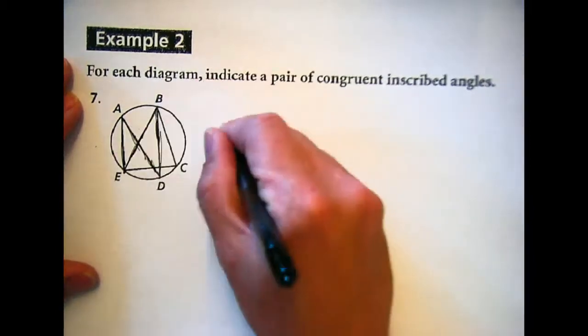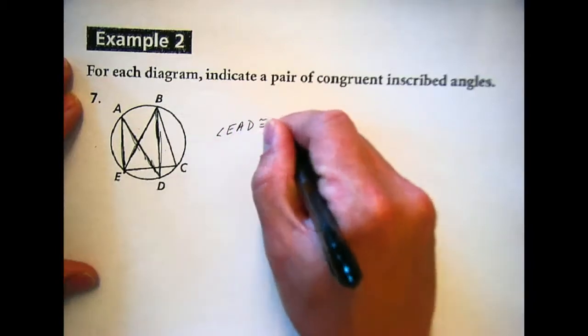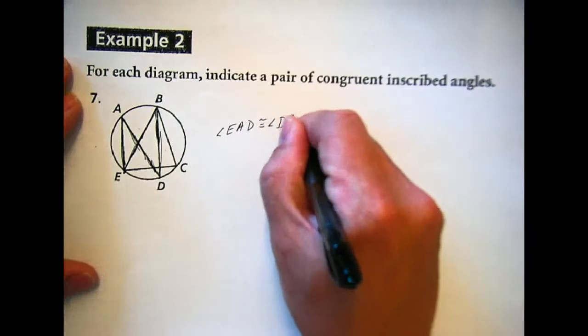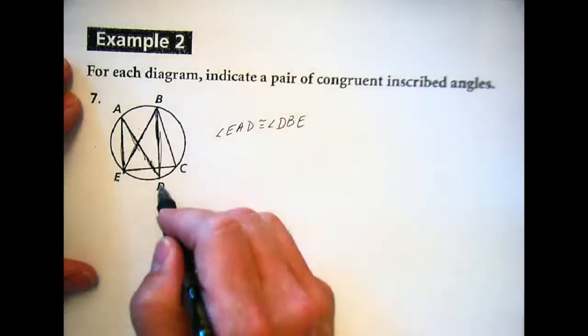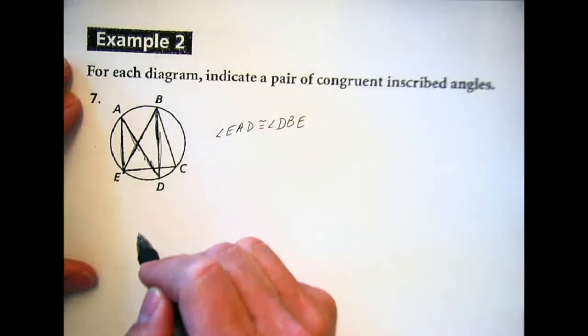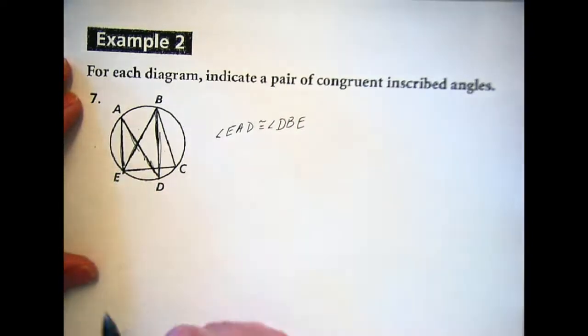Yep. Okay. Eli, did you get that one? Well, I put angle E, angle D. Can we say angle E and angle D? Can't do that. You have to name them by 3 points. Jordan?